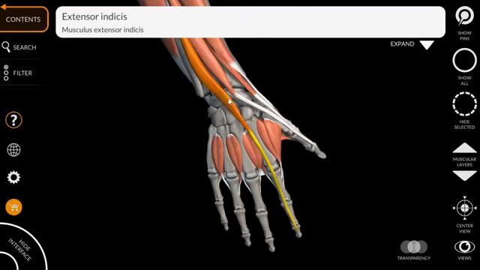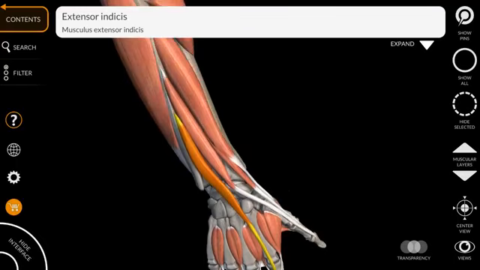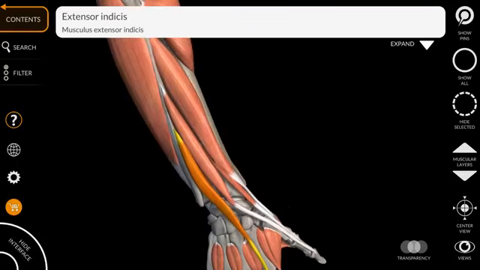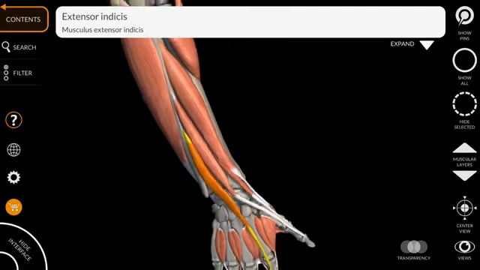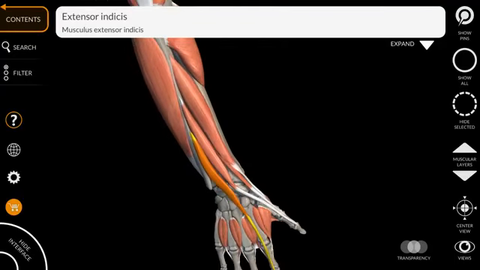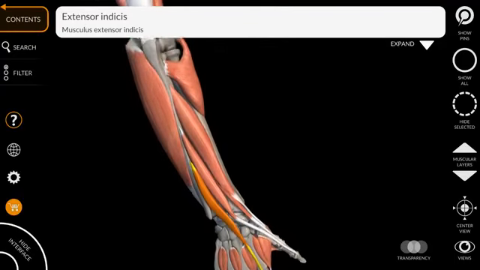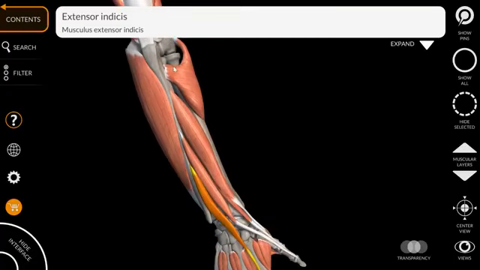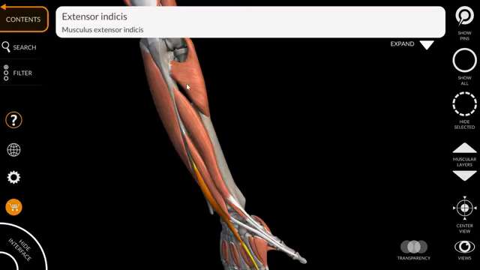So these were the muscles which are in the deep aspect of the posterior compartment of the forearm. So in the model, you can isolate certain muscles and certain muscles are attached. So you have to find out like this. This is supinator.